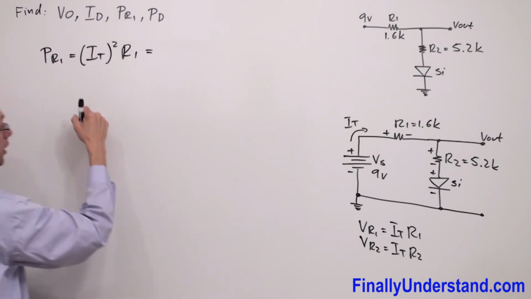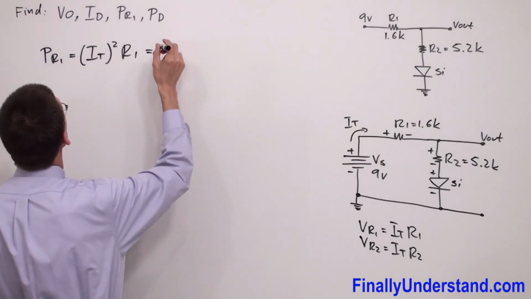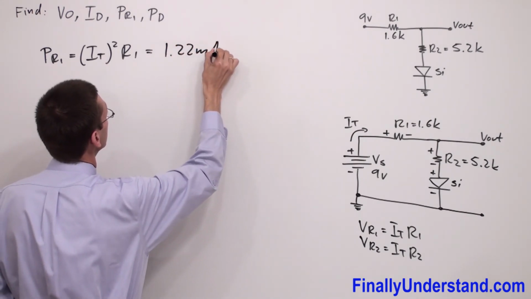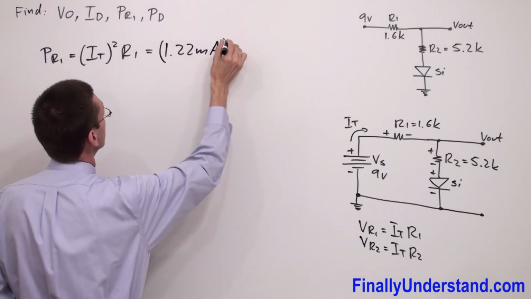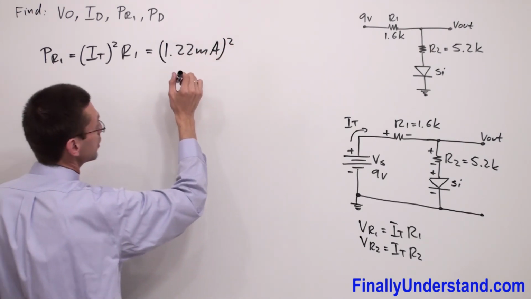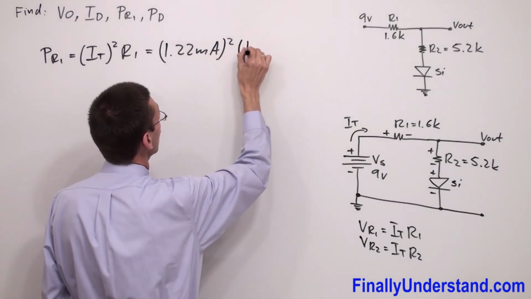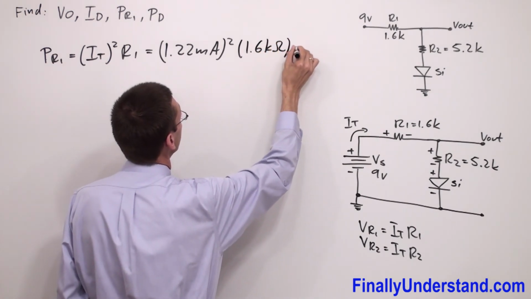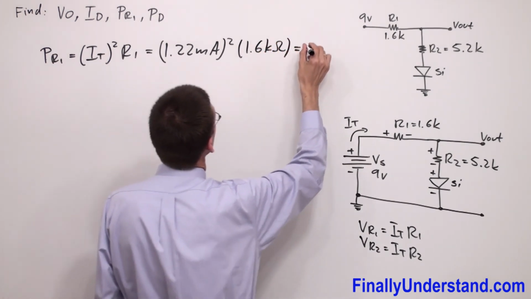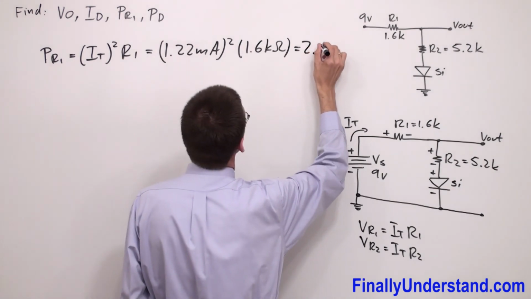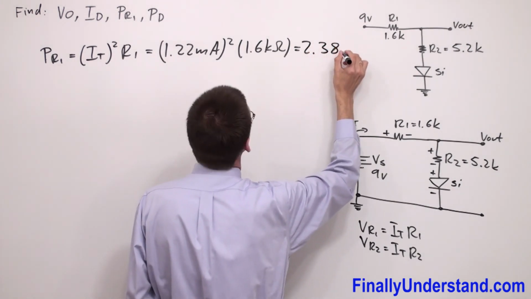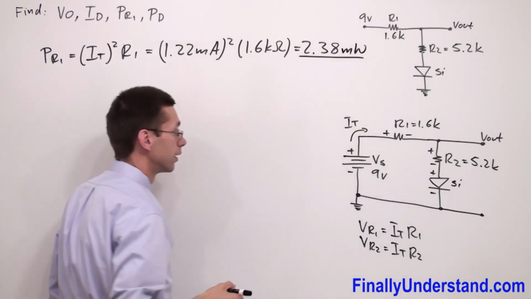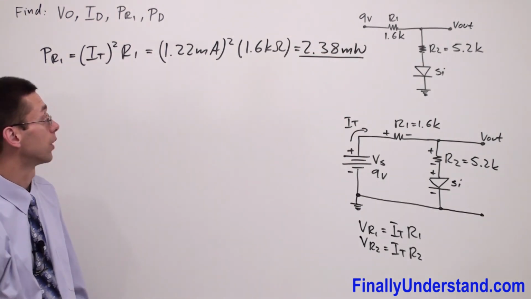So if I total we found is equal 1.22 milliamps raised to the second power times R1, 1.6 kilo ohms. This is equal 2.38 milliwatts. So this is the power at the resistor R1.